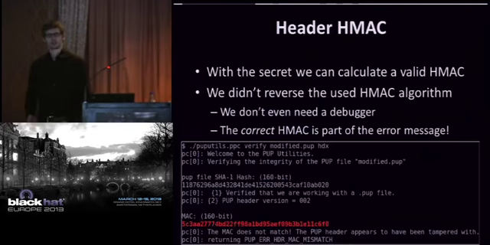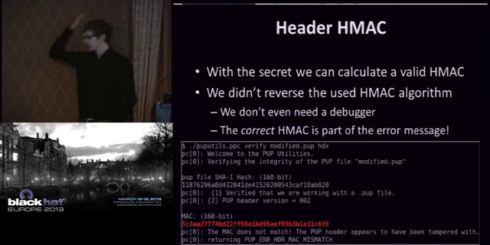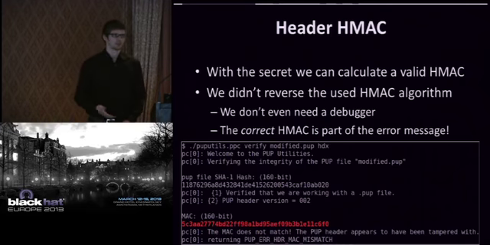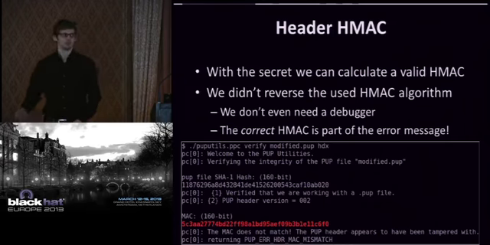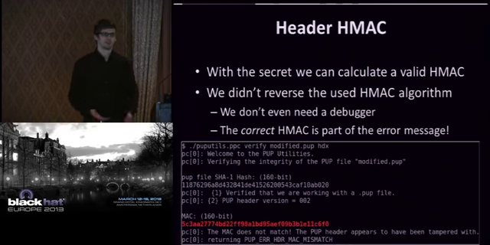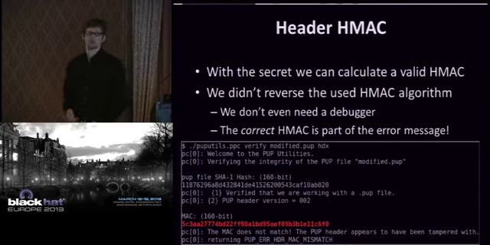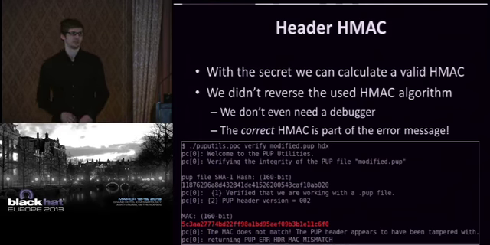However, in this case, it's much easier because in order to do that, you would typically just reverse engineer which kind of HMAC algorithm they are using, then do that. However, I said before, we can run this binary in QEMU. And just for testing, we modified the pub file and ran the verify command against it. And obviously, we get an error message like the MAC does not match, the pub header appears to have been tampered with.